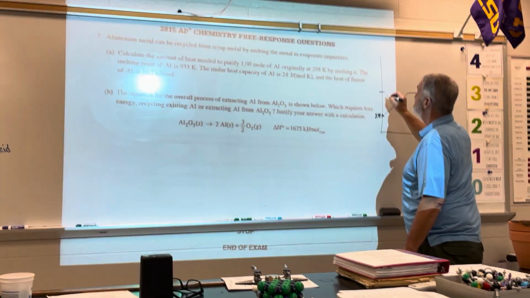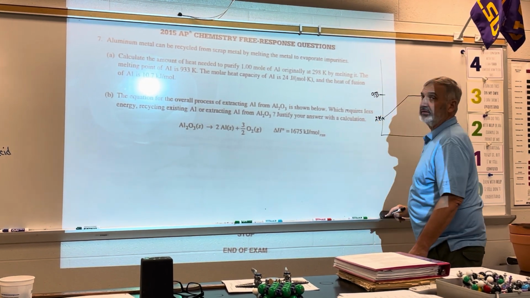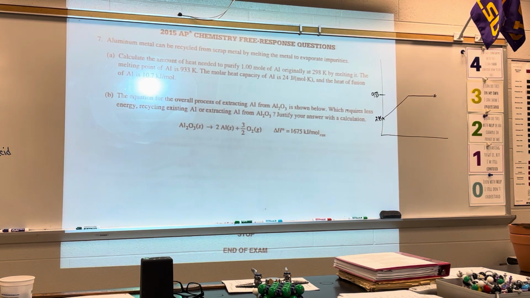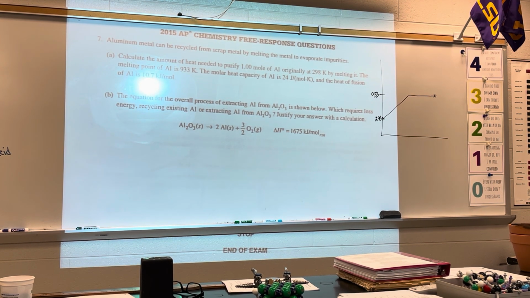Okay, we're taking it up to here, which is 933. So how many Qs do we have to solve for this? 2. When there's a temperature change, how do we solve for Q? MCAT.